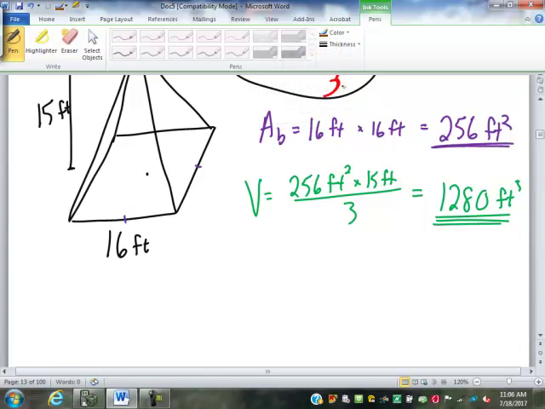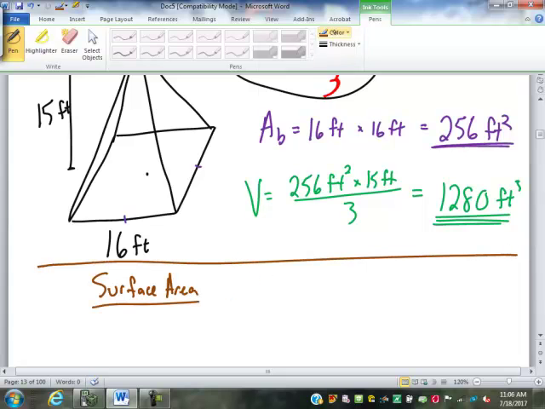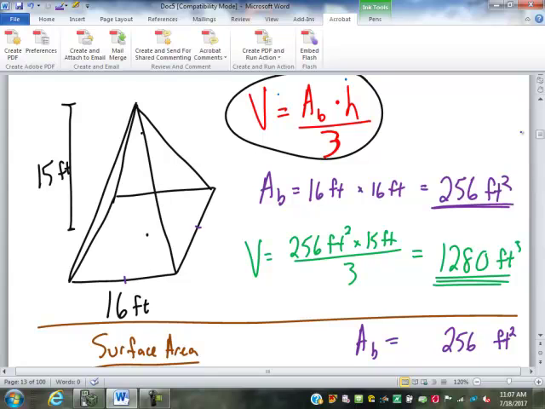For surface area, we still have the area of the base, which is 256 square feet. Do we have to write it down twice? No. No, why not? There's not another piece. Yeah, there isn't another end to this thing. There's only one base.